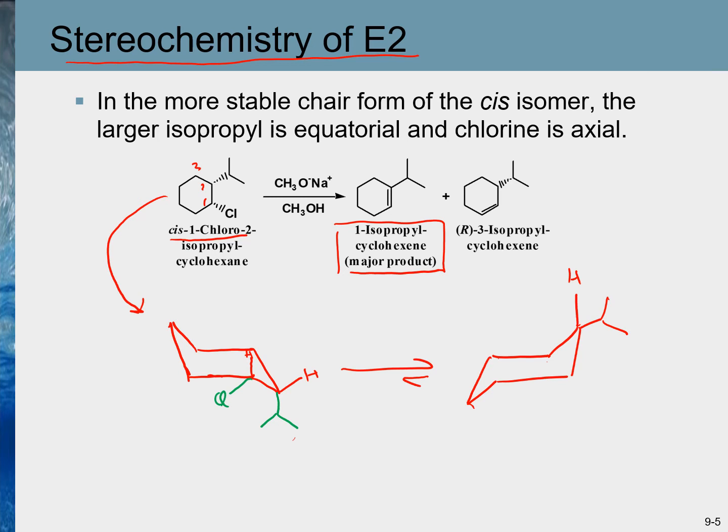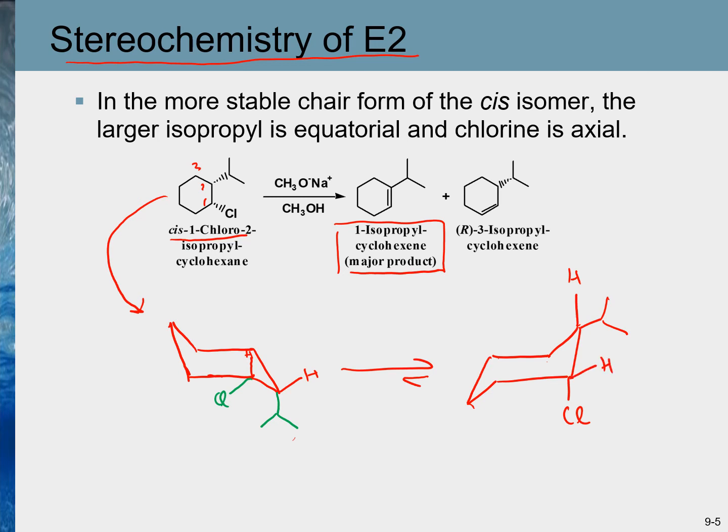Whenever one chair flips to the other chair, the equatorial and axial positions exchange. So the chloro group was at equatorial, so now in this case chloro will be at axial and hydrogen will be at equatorial.